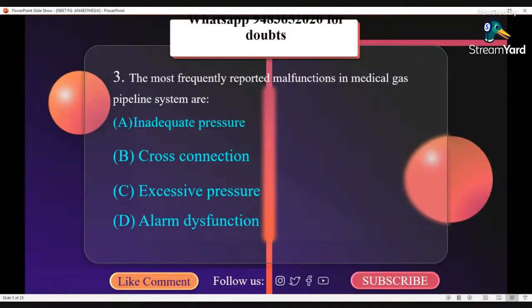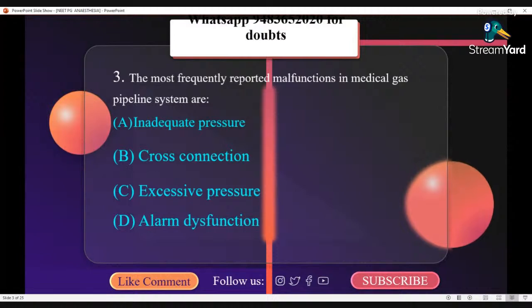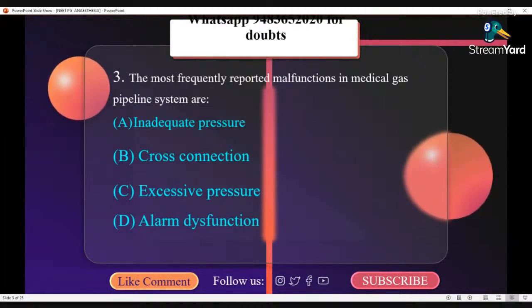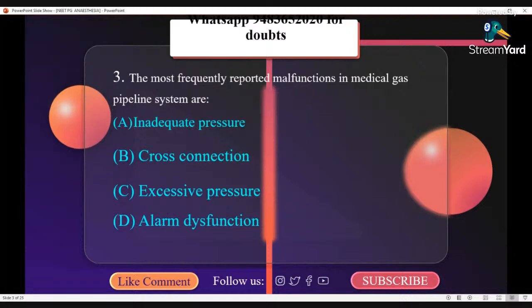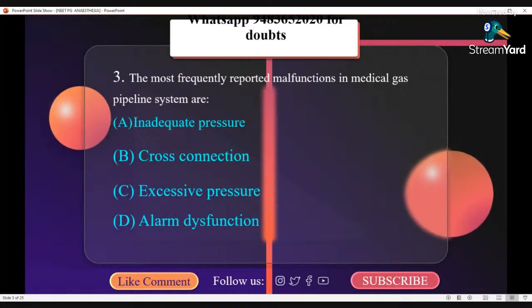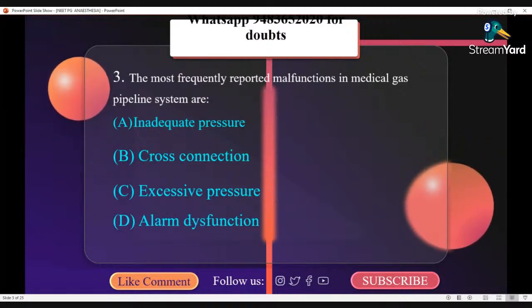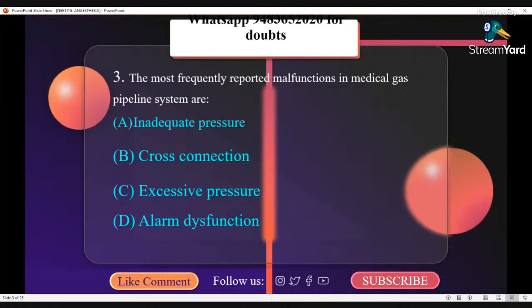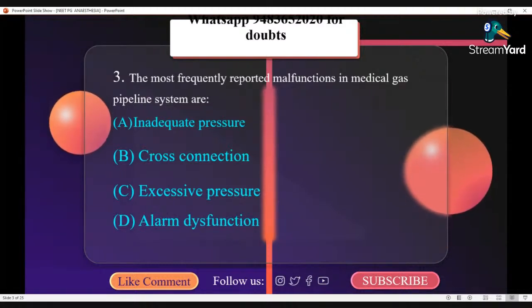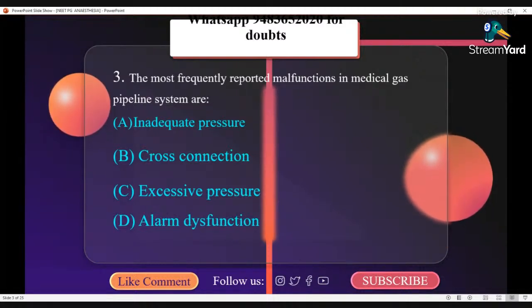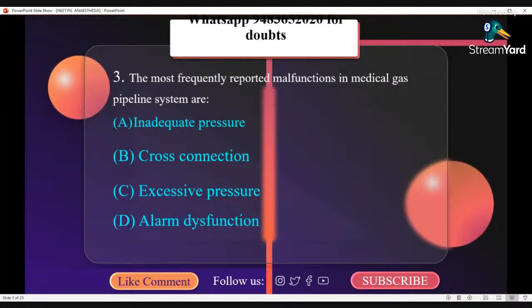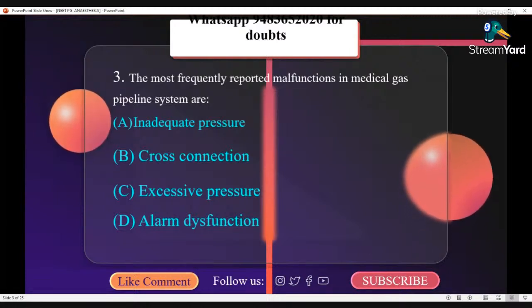The most frequently reported malfunction in a medical gas pipeline system is... Now, what are the different problems with the medical gas pipeline system?